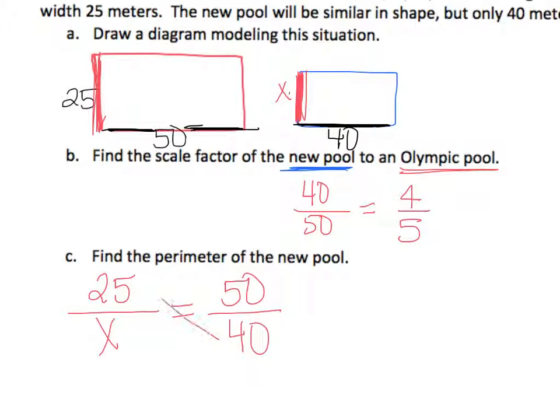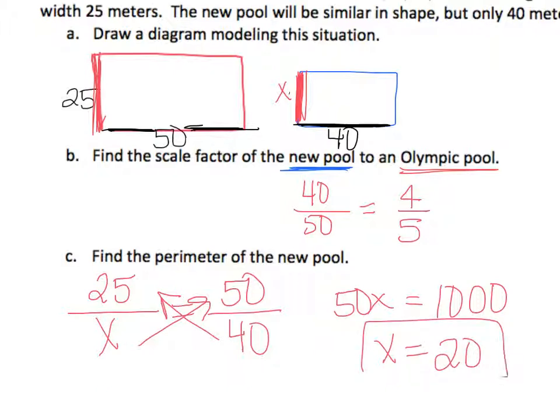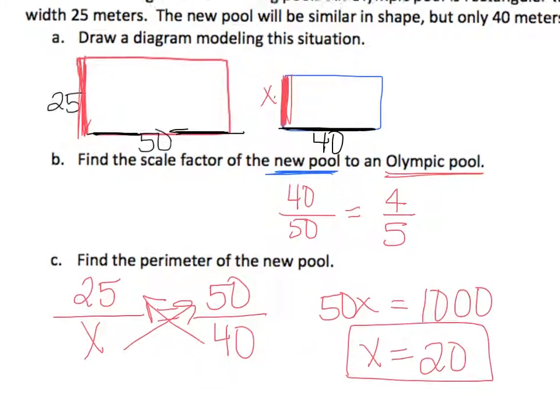Then from here, all you're going to do is cross multiply. So I'm going to have 50x equals 25 times 40 is 1,000. And if I divide both sides by 50, that's going to be 20. So that's the other side length of the pool.